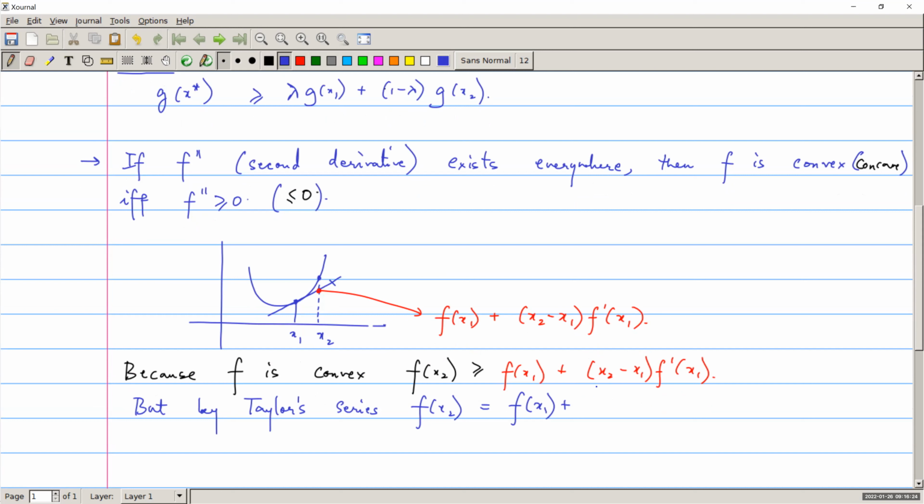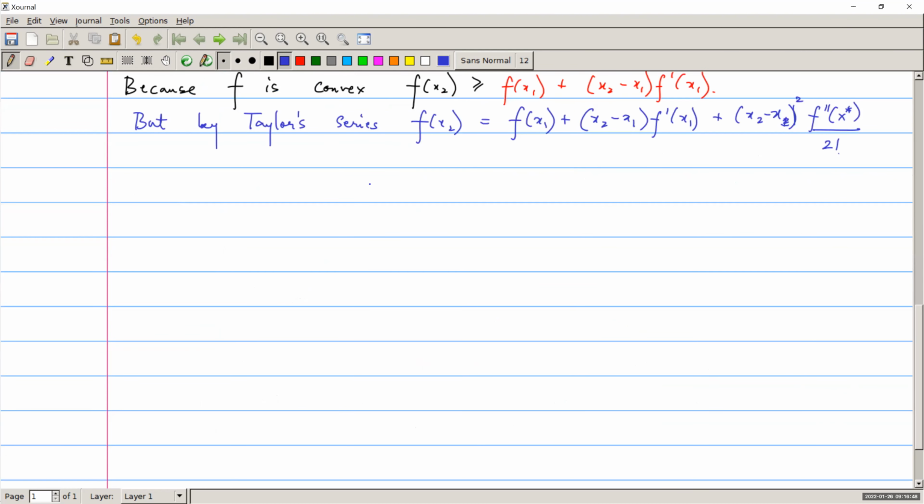If I write the Taylor series around x1, the first derivative, x2 minus x1 times the first derivative, and then we want to truncate the Taylor series at this point. The way to do that is this: x2 minus x1 squared, the second derivative of f at x star, divided by 2 factorial, where x star lies between x1 and x2.